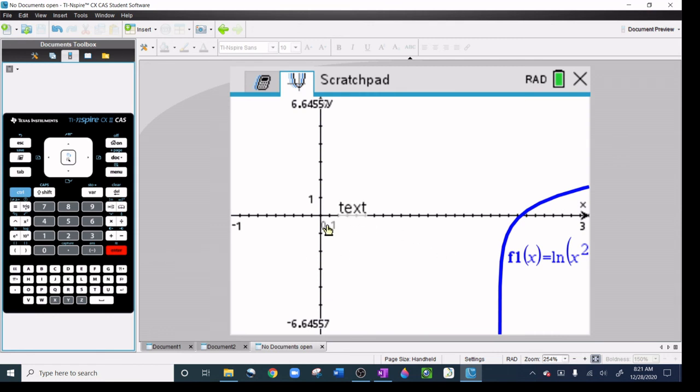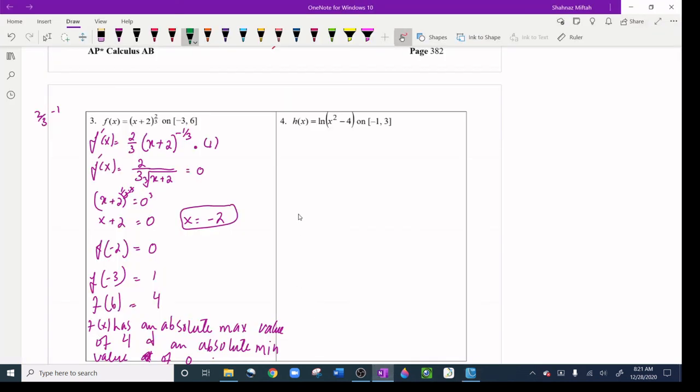Look, this is negative 1 and this is all the way 3, so it's not continuous on negative 1 to 3 at all. So it means the EVT, the extreme value theorem, is not applicable.